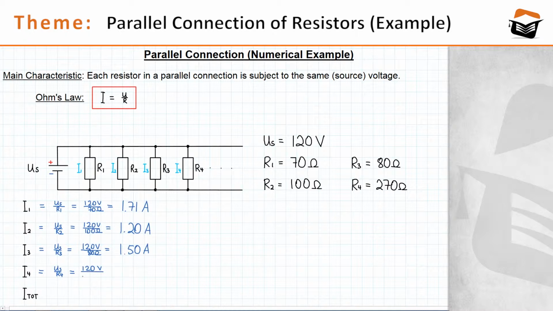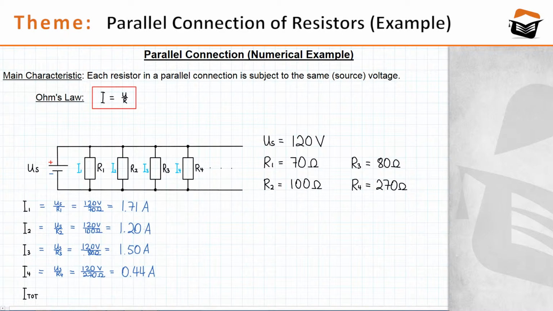And this one is 270 ohms, so it's not going to be that easy any longer to compute the value in the head. And that gives us 0.44 amps. So these are the individual currents flowing across each resistor.